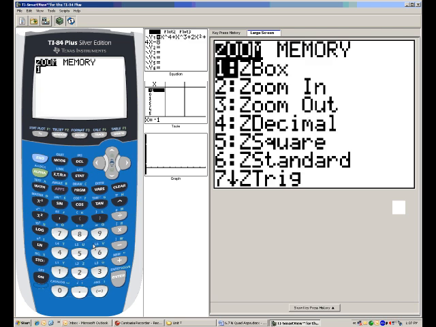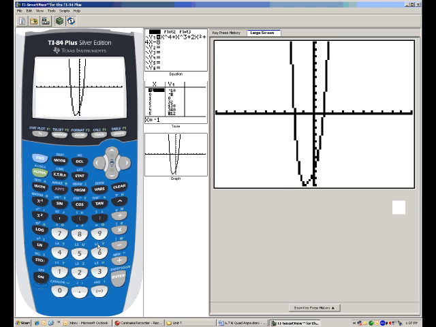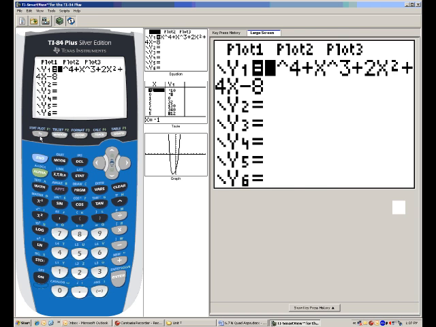Zoom 6, always start there. Okay, but I can't see very much, right? Did I type that in right?